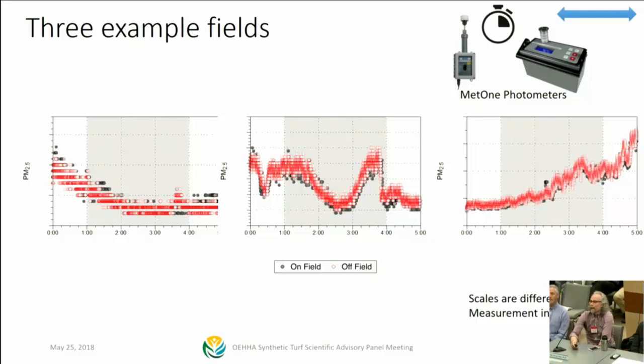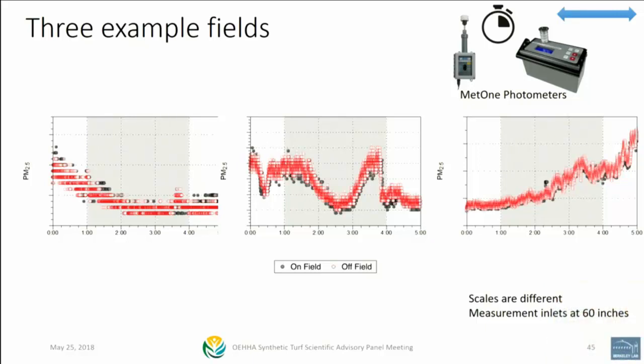So this is using 3 example fields with our MET1 instruments. And on the far left, we can see the scales are different on each one of these. On the far left, the way it's making these changes, we see these distinct bands. It's actually a very clean environment. It was a clean field. And things were coming down to becoming even cleaner during the kicking activity.